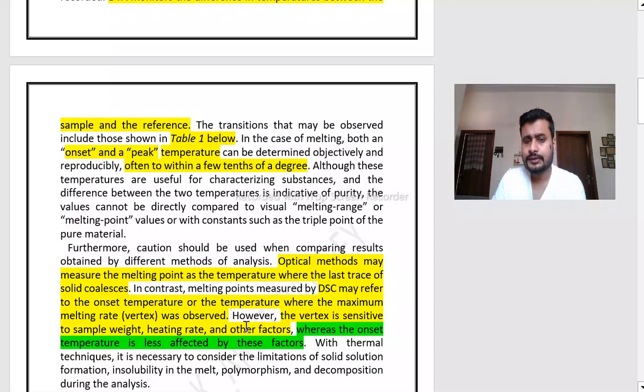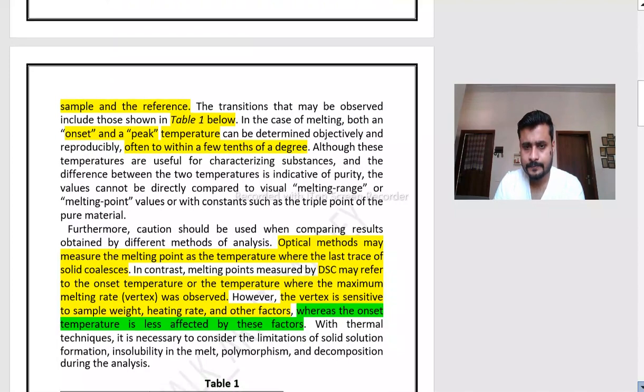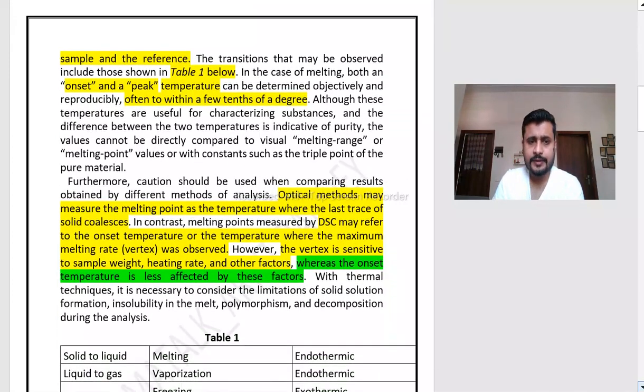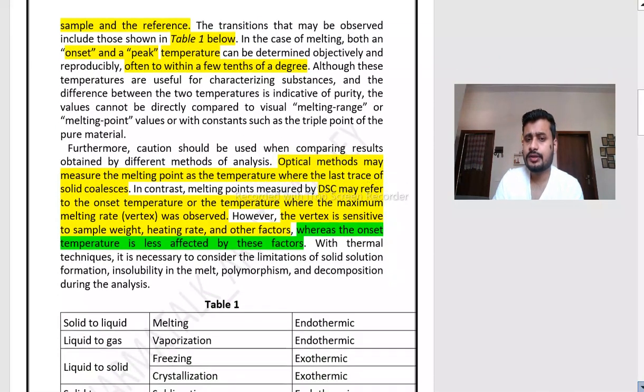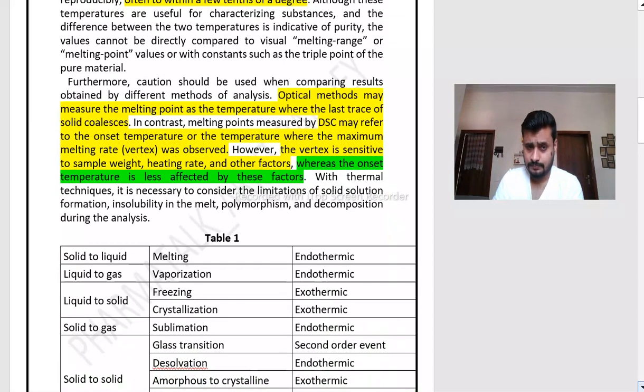However, the peak is sensitive to sample weight, heating rate and other factors, whereas the onset temperature is less affected by these factors. With thermal techniques, it is necessary to consider the limitations of solid solution formation, insolubility in the melt, polymorphism and decomposition during the analysis.